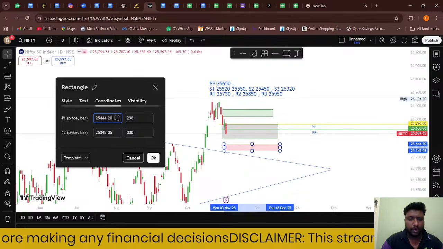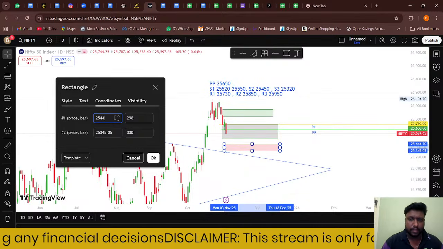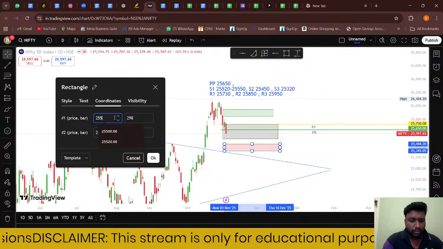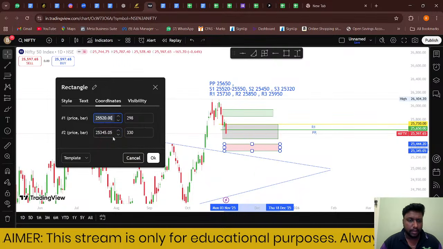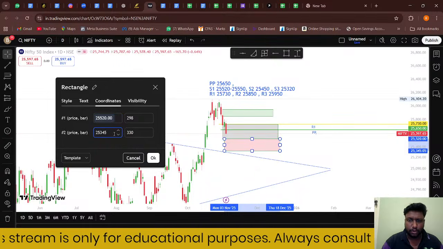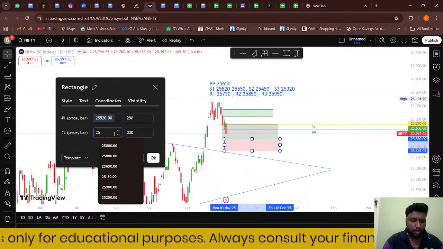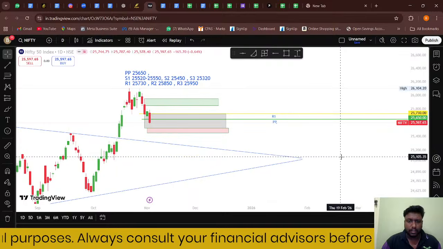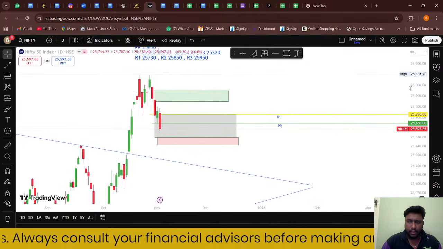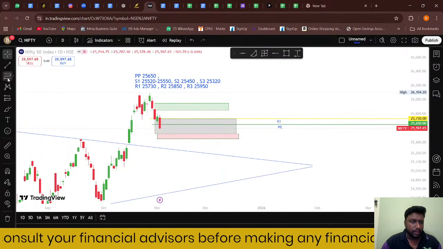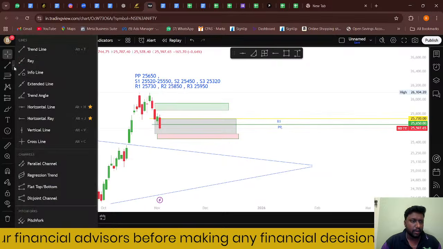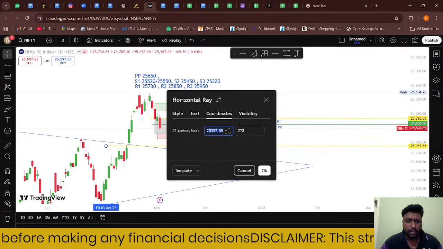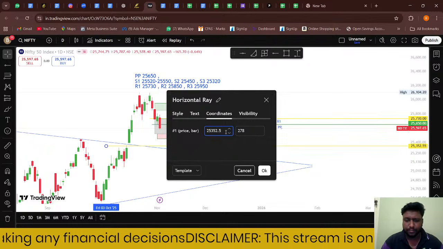The bearish zone will be active when it touches support 1, which is at 25,520, and the second range will be support 2, at 25,450. These are the three zones with respect to our pivot line. Let's quickly mark support 3 as well. Support 3 is at 25,320.